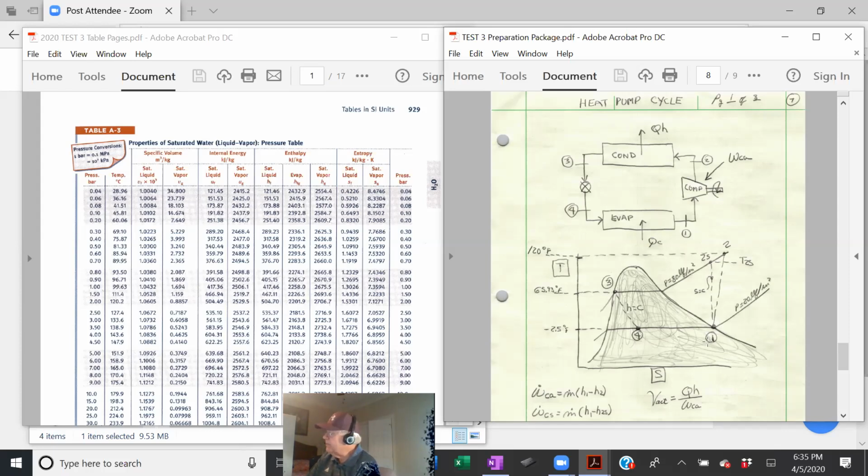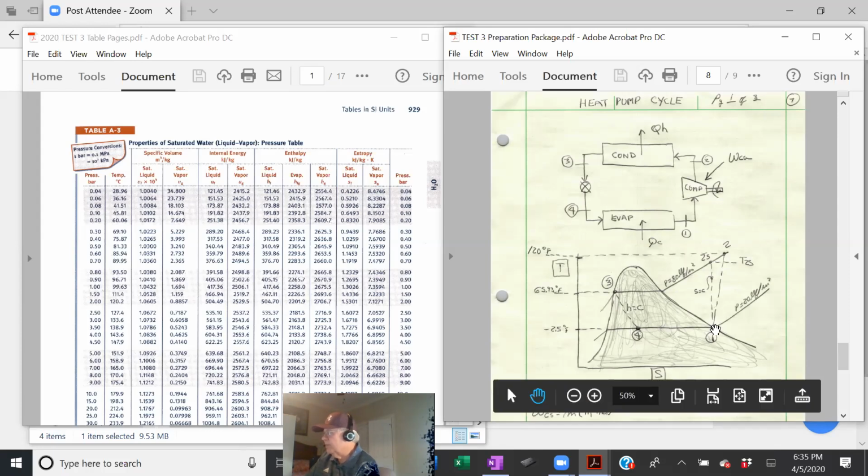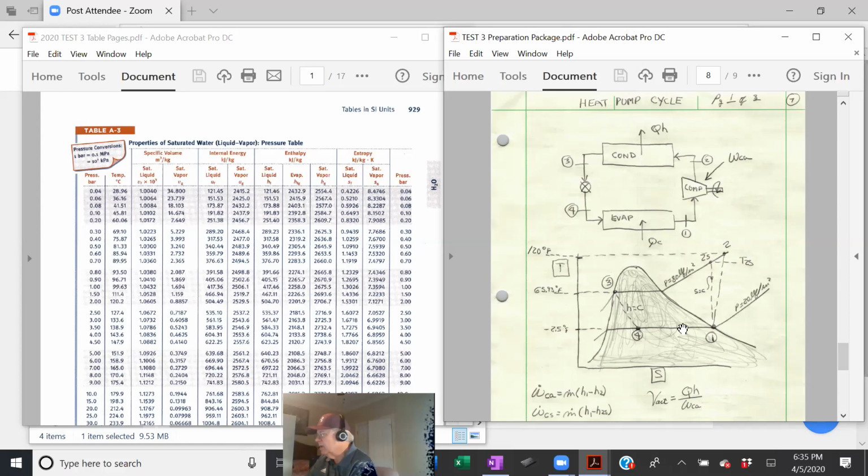By the way, same as with the power cycle, your cycle is bounded by two constant pressures. In this case, we chose 80 psi. That's a little low, most times it runs higher than that, but just for illustrative purposes, it's 80 psi on the top and 20 psi on the bottom. So it's bounded by these two constant pressure lines.